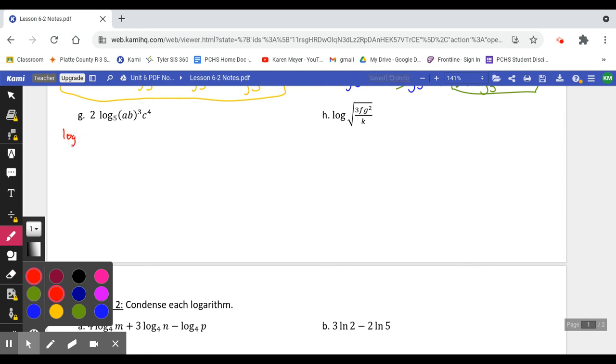So I'm going to have log base 5 of AB in the parentheses 3 times 2, because remember, when you have something out in front, you get to move it up as an exponent. And then I also have to move it up as an exponent for C. So then we're looking at log base 5 of AB in parentheses raised to the 6th power and C raised to the 8th power.